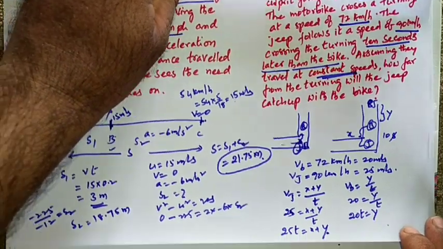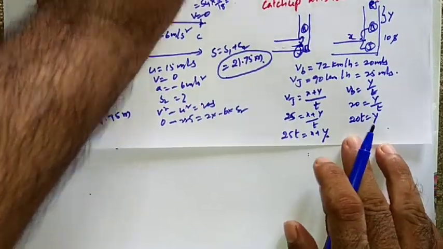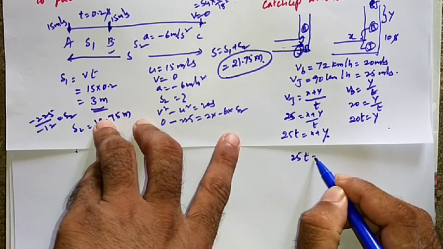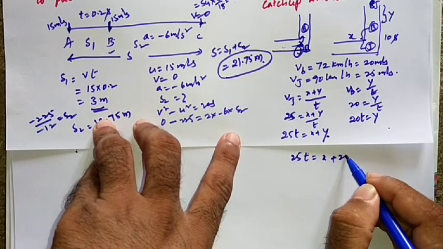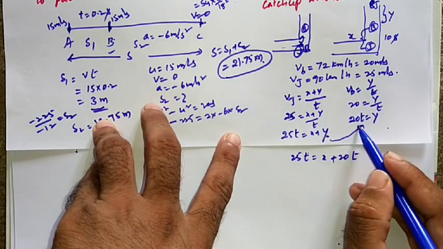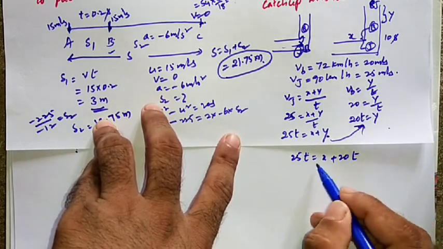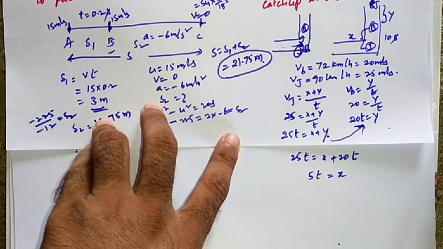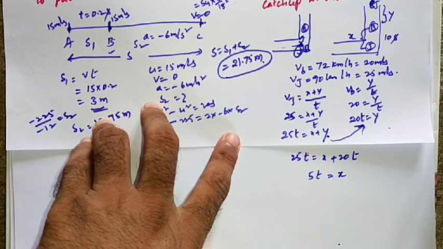When you substitute that y value, what are you going to get? 25t is equal to x plus 20t, because y is equal to 20t. Now bringing it to this side, 5t is equal to x.